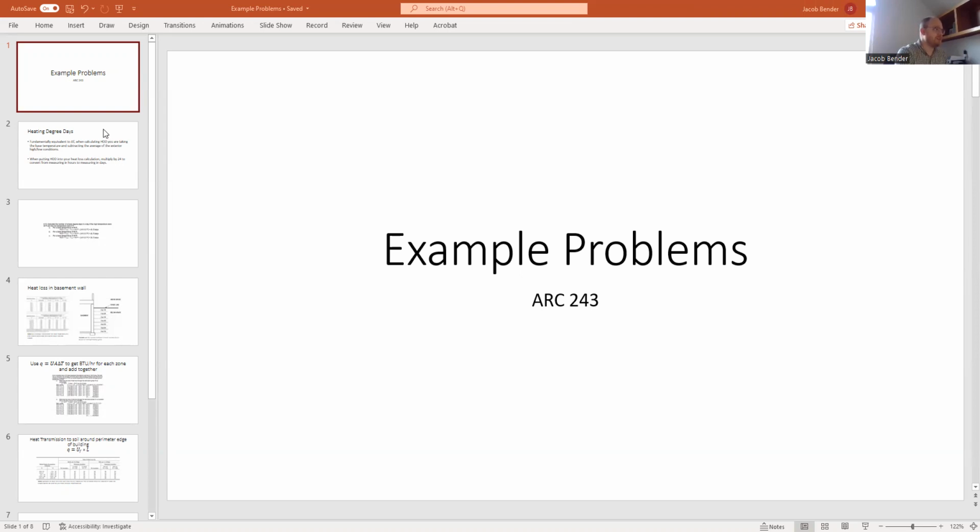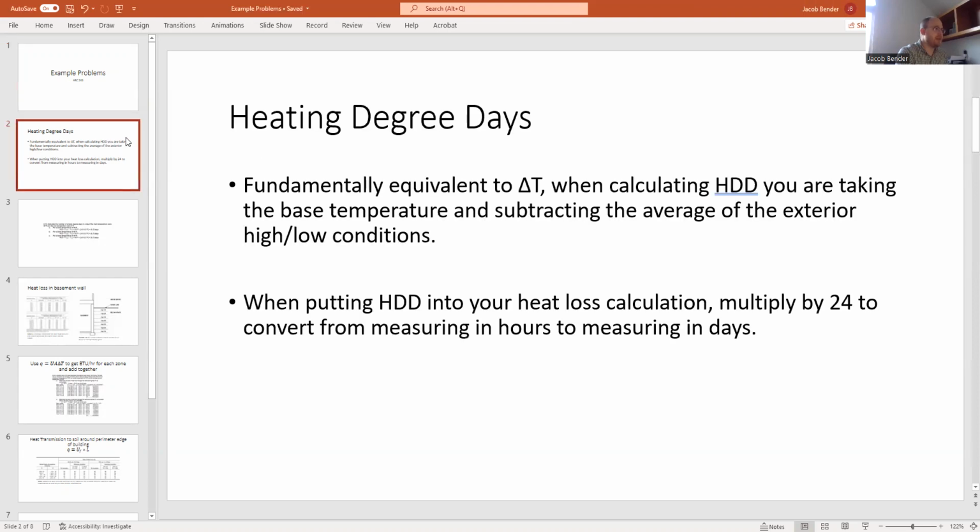So the first piece that we're going to deal with is heating degree days. This is fundamentally equivalent to your delta T in the Q equals UA delta T equation. When you're calculating HDD, heating degree days, you're taking the base temperature in the building and subtracting the average of the exterior high and low conditions.